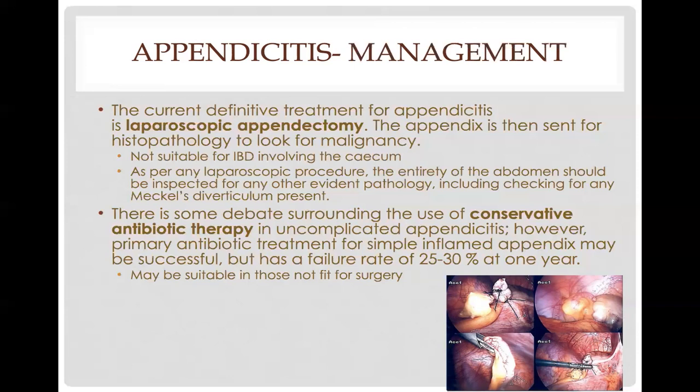However, antibiotic therapy alone has shown to have a failure rate of about 25 to 30% at 1 year. So again, the key is that management is more steered towards doing a diagnostic laparoscopy and removing the appendix. But antibiotic therapy may be relevant for those that may not be fit for surgery.